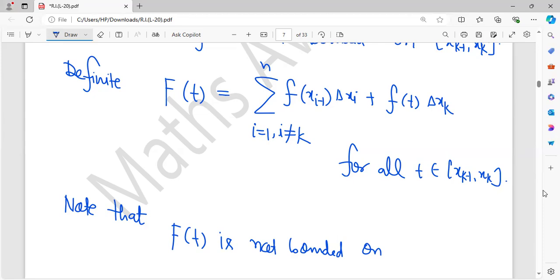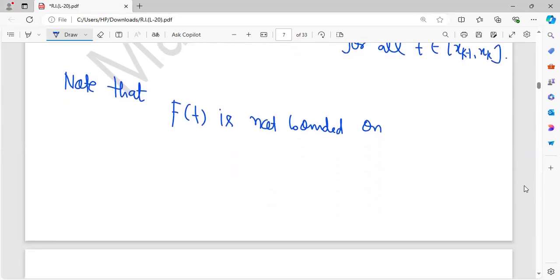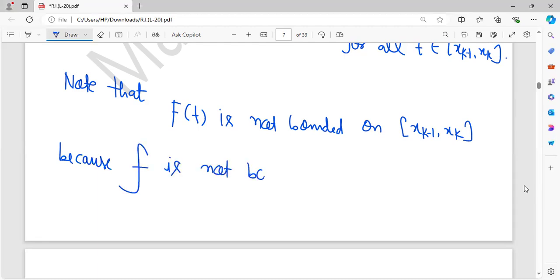Note that f is not bounded on [xk-1, xk] because these quantities are fixed.